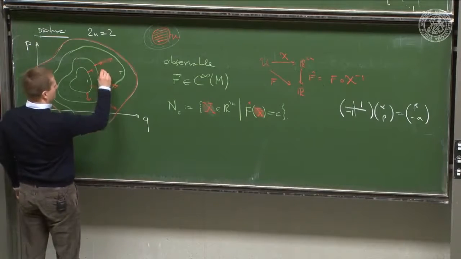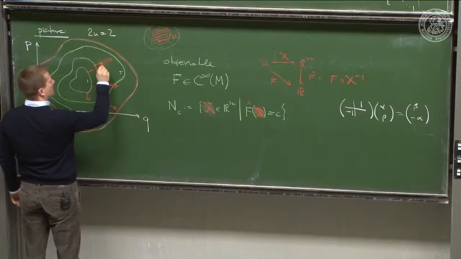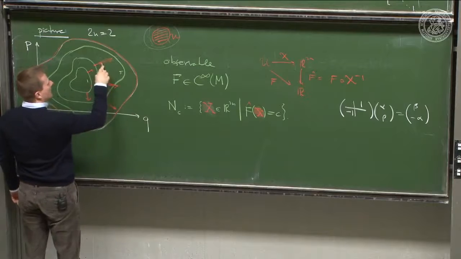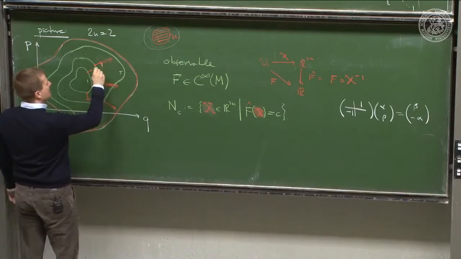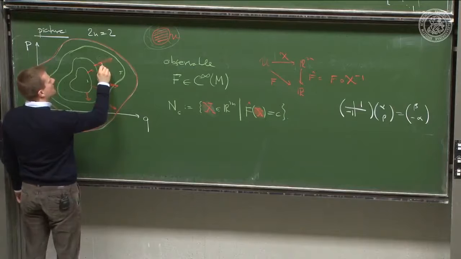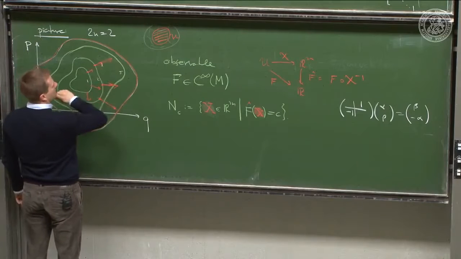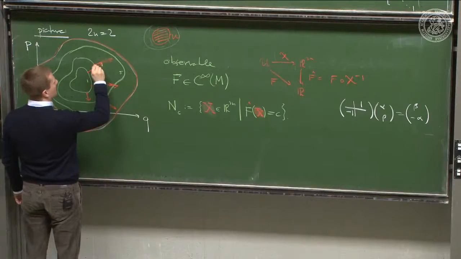This has a y component which goes like up here, and that will be the x component of the vector field, and it has an x component that will be the minus y component. So what this will produce is an x component.